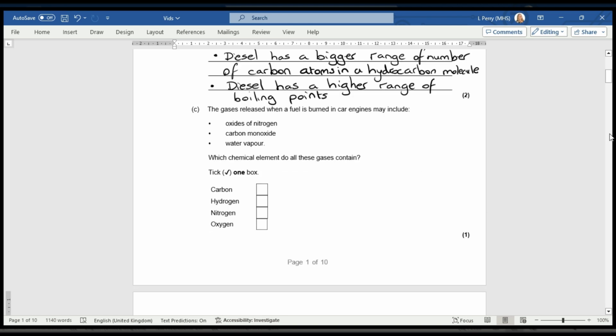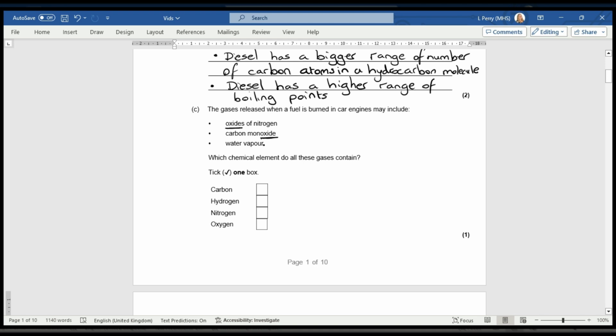It then says the gases released when a fuel is burnt in a car engine may include oxides of nitrogen, carbon monoxide, water vapour. What chemical element do all these gases contain? Well, my first clue is that this has oxide and that also has oxide.